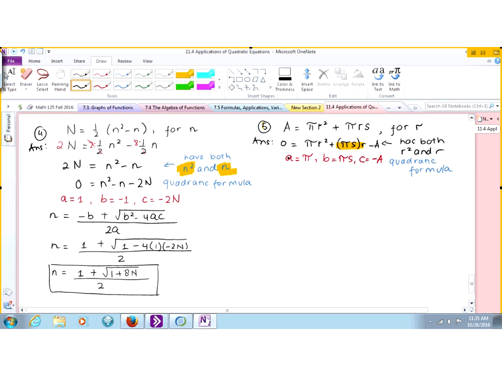Now, what is the quadratic formula? Yes, negative b, but what is the variable? Is it x? No, it's r. r is negative b plus or minus, but I don't include the minus, only plus, square root of b squared minus 4ac all over 2a.